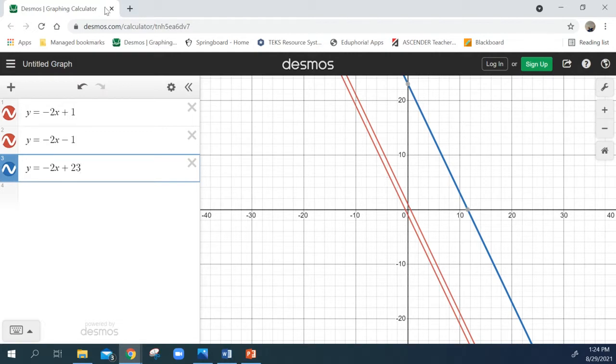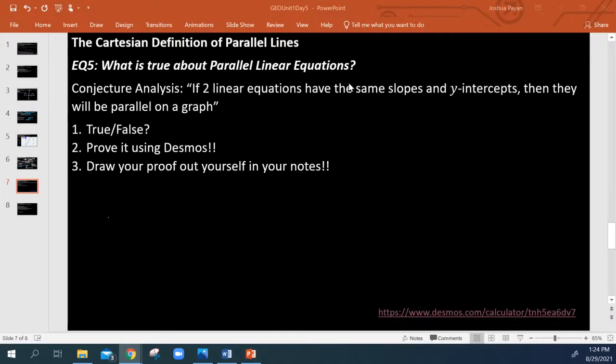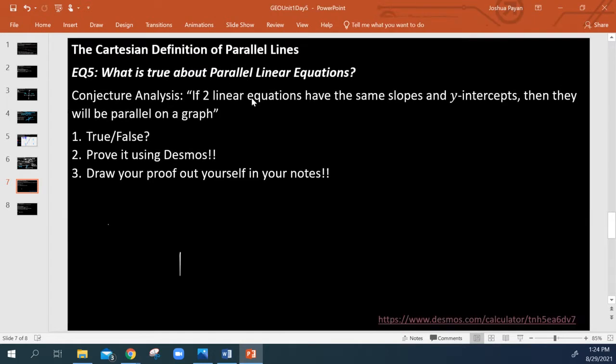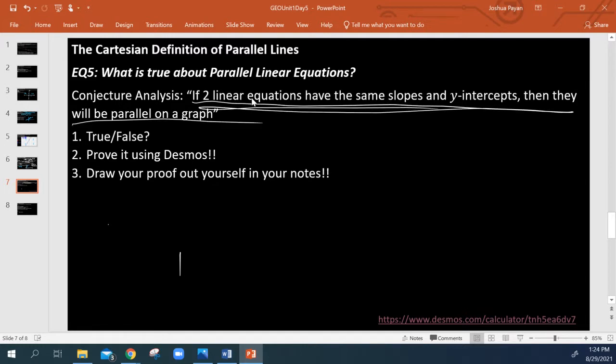So what this is telling me is, if two linear equations have the same slopes and y-intercepts, they will be parallel on the graph. This is false. If they have the same slope and the same y-intercept, they won't be parallel.